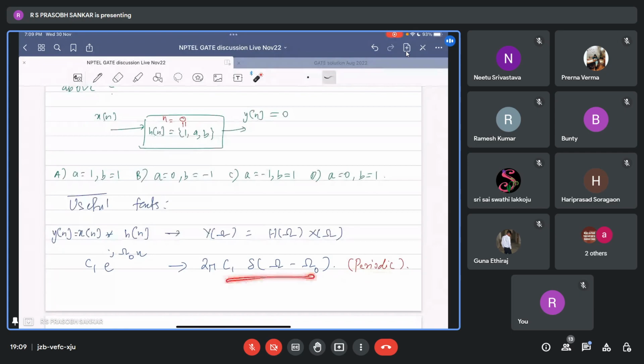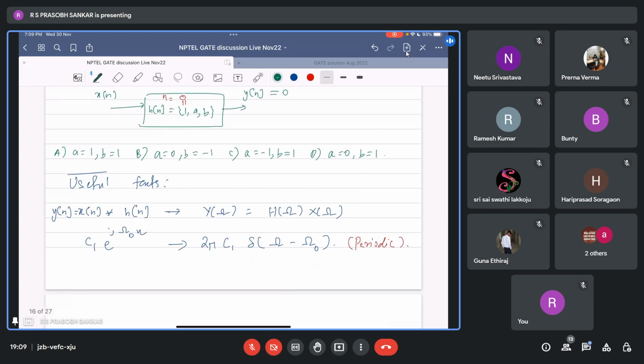That means not just omega naught, but anything plus or minus 2 pi times k. To not complicate notation further, we will just write it like this. So for a complex exponential signal having the frequency omega naught, the DTFT will be an impulse function at that frequency.